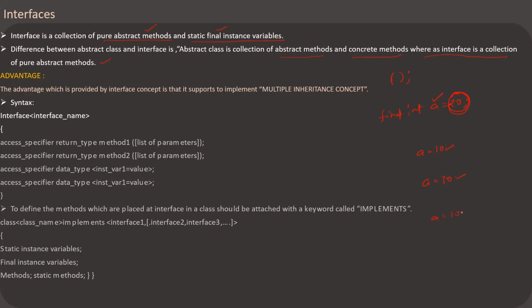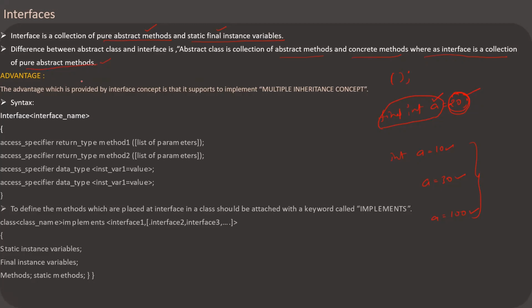And if I say a equals 100, 30 will be overridden by 100. You can change the values wherever necessary if that is your normal variable. But if that is a final variable, you can't change it. Once the value is assigned, it cannot be changed. That we have seen with the help of the final keyword in the previous class. Now, the main thing is, in an interface you are going to see only pure abstract methods.